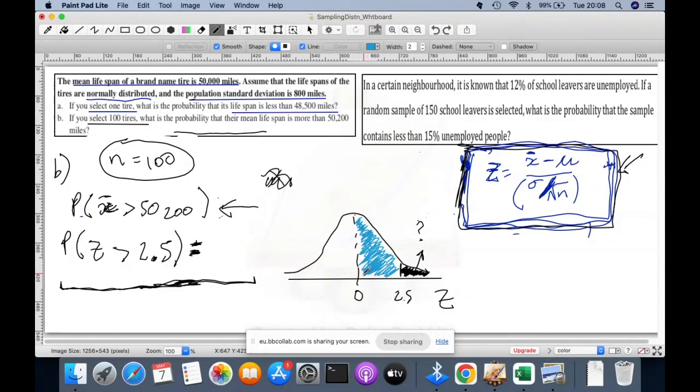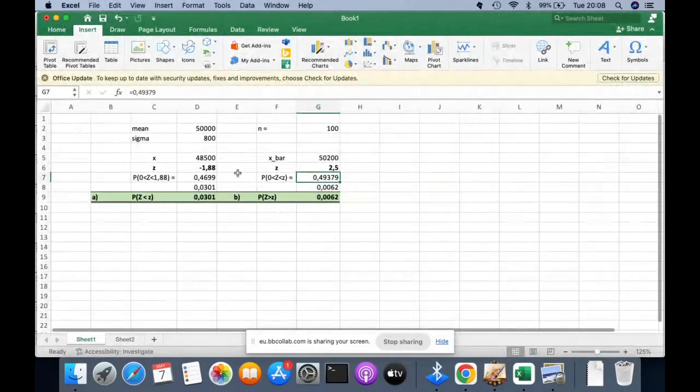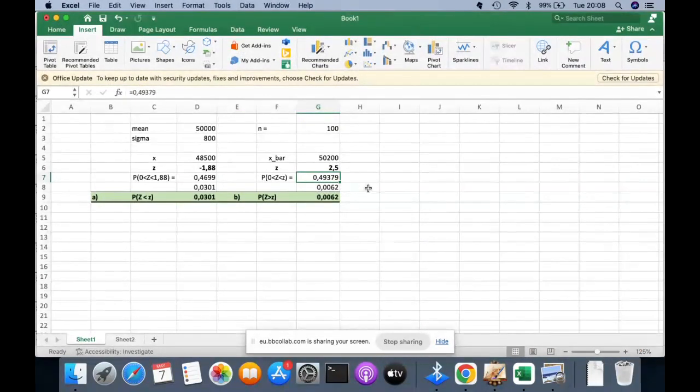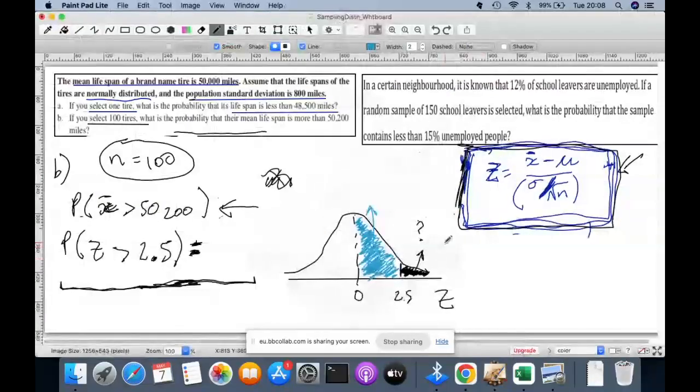If you look for the z value of 2.5, the area that you'd find will be 0.4938, I think. This blue area is 0.4938.